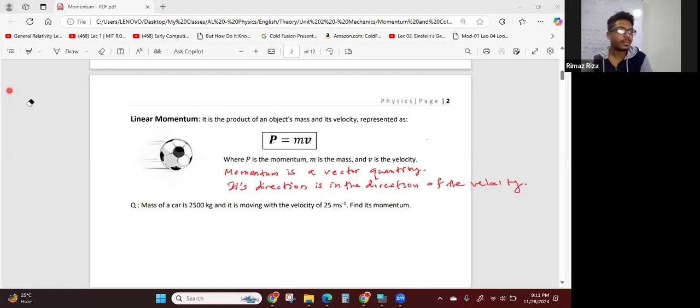Yeah. Okay, then you can do this question. A mass of a car is 2,500 kilogram and it is moving with a velocity of 25 meters per second. Find its momentum. If anyone is done, you can drop your answers in the chat box.